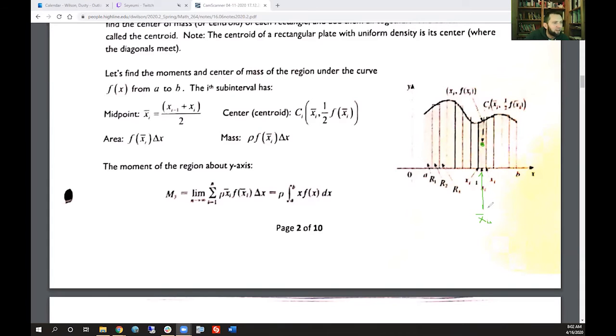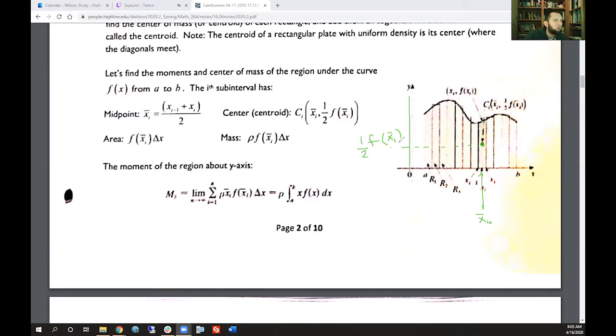The center is at xi bar, and then the y coordinate would be at f of xi bar. But notice f of xi bar would be up at the top, so we want 1/2 of that. So the centroid of the rectangle would be at xi bar and 1/2 f of xi bar.